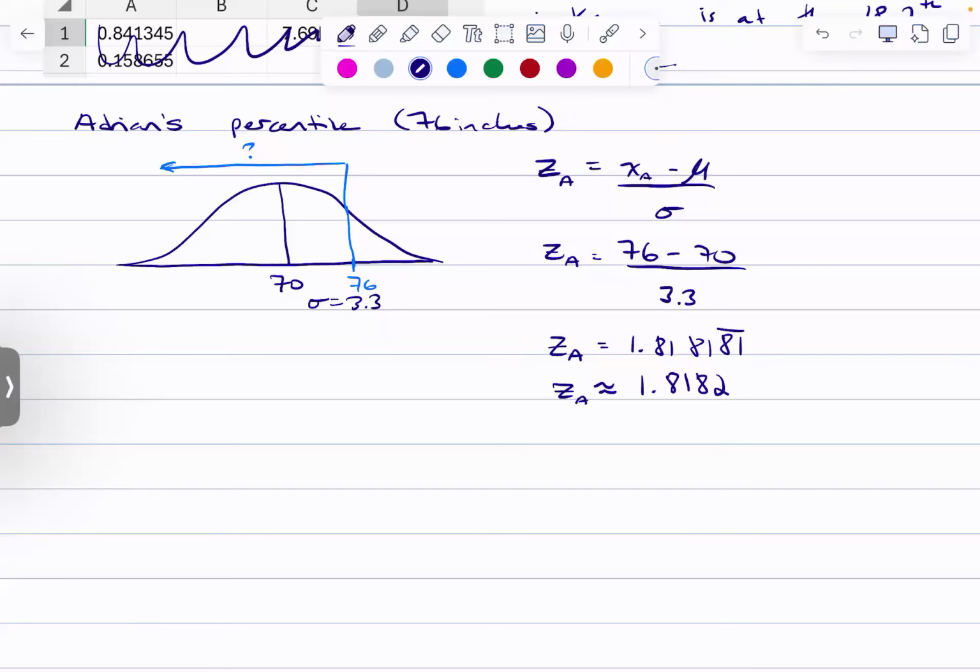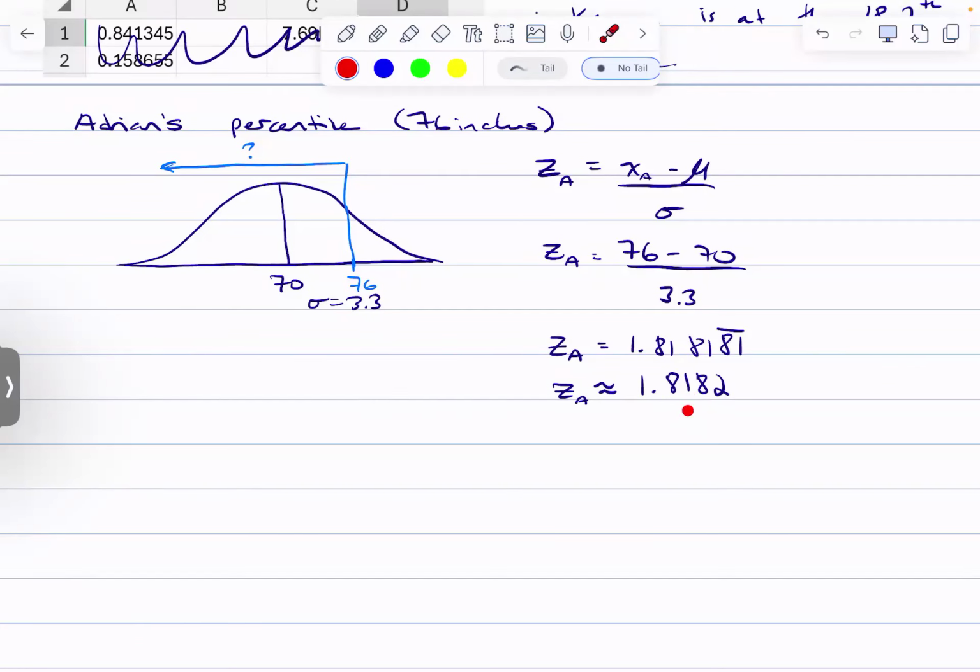Just to be consistent. 4 is usually safe. What this means is that Adrian is 1.8182 standard deviations above the mean. Quite tall. Almost 2 standard deviations above the mean.